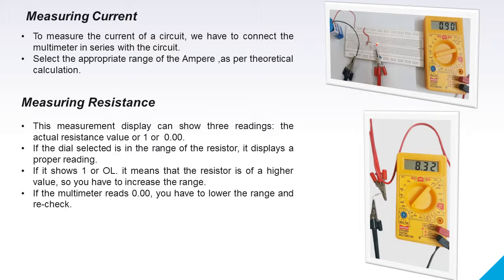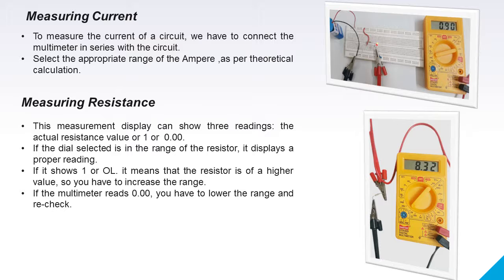Measuring resistance. This is one more functionality of the multimeter. This measurement display can show three readings: the actual value of the resistance, or 1 or 0L. You will get the actual value of the resistance directly as shown in this figure, where the resistance is connected over here and two terminals are connected across the resistance.